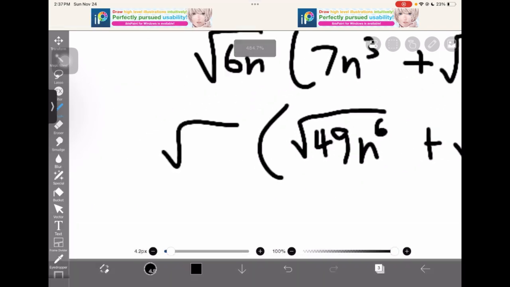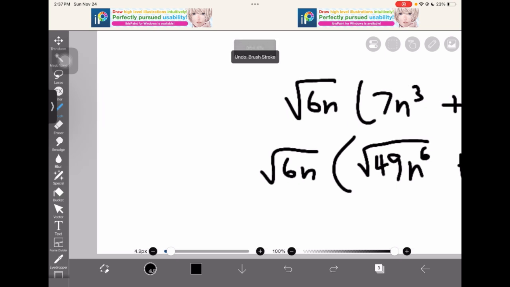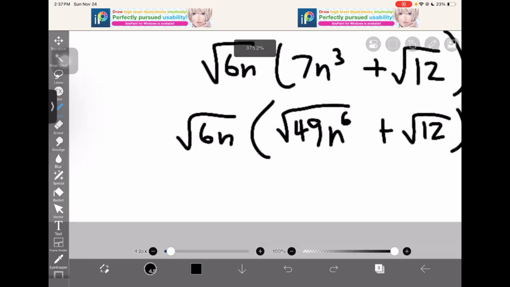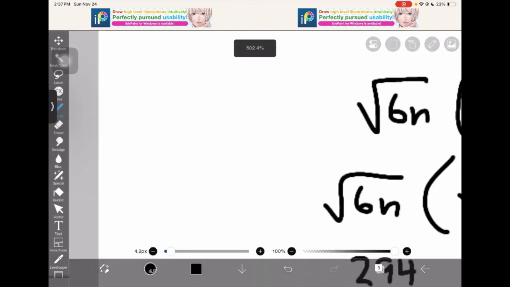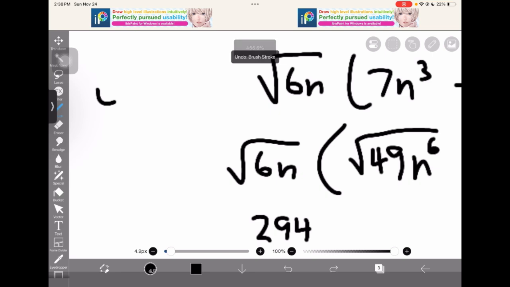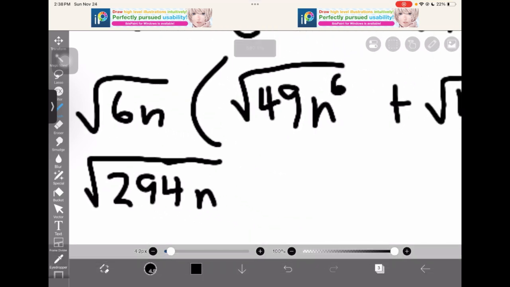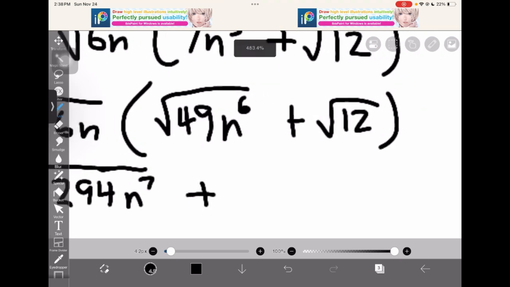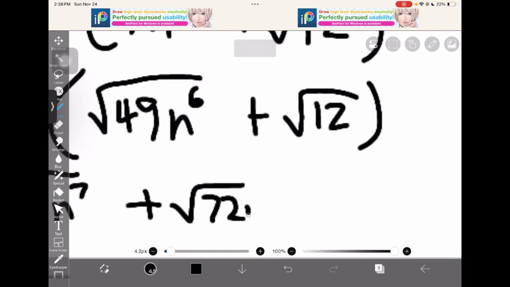Then we can actually just apply the law of radicals here again. So 49 times 6 is 294. 294, right? Let me just make sure. Yeah, 294. Sorry about that. Anyway, it's square root of 294, and then n raised to 7 plus 72n, square root of 72n.